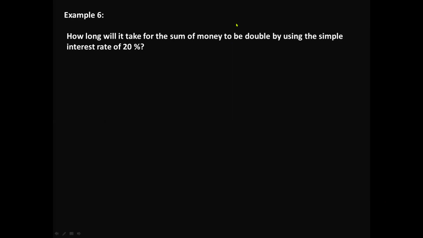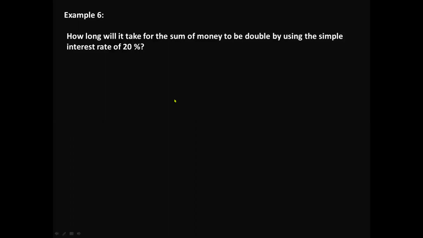Kung piso yan, magiging 2 piso. Kung 5 piso yan, magiging 10 piso. Kung 30 pesos yan, magiging 60 pesos. Or kung ang principal mo is 50 pesos, ang F mo is 100 pesos. Pwede ka mag-assume. Mag-arrive lang kayo sa parehong sagot ng time.